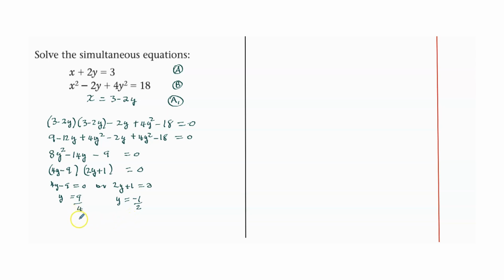So now we can find the values of x. Because there are two values of y, we need to substitute them back into equation A1 to get x. So when y equals 9 over 4, from equation A1 we have x as 3 minus 2y, and y there is 9 over 4.